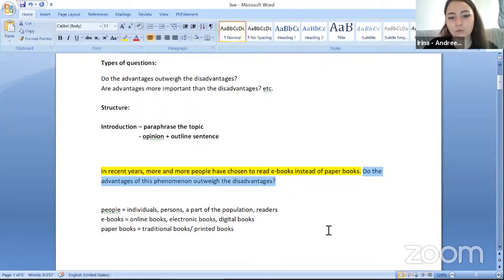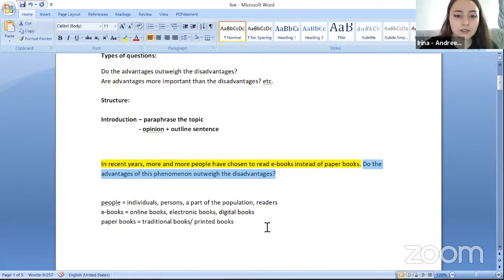Are there more advantages or more disadvantages? More advantages. Okay, so then how would you write it in the essay? I believe that to read online books has more advantages, and this we say disadvantages.